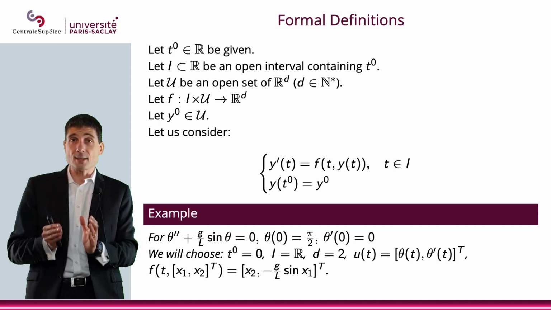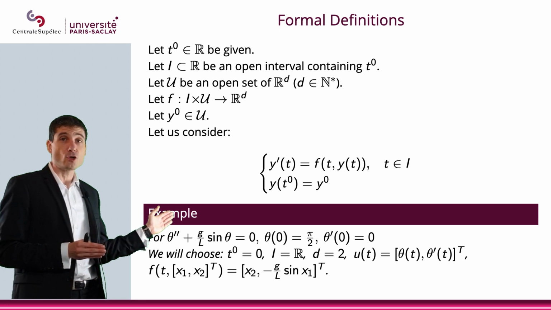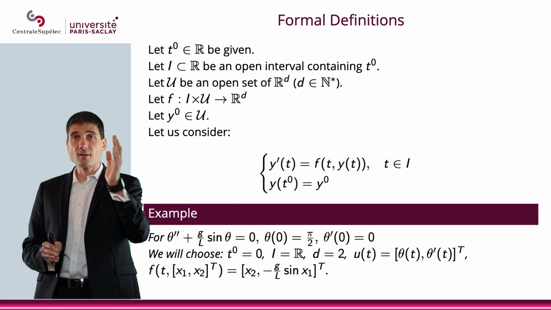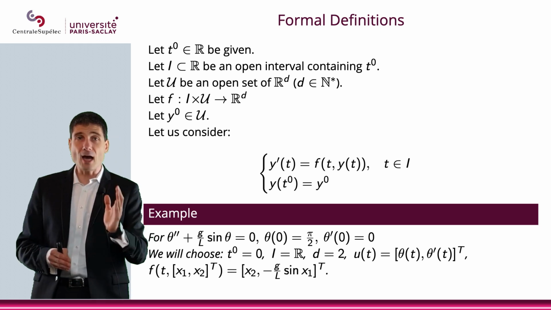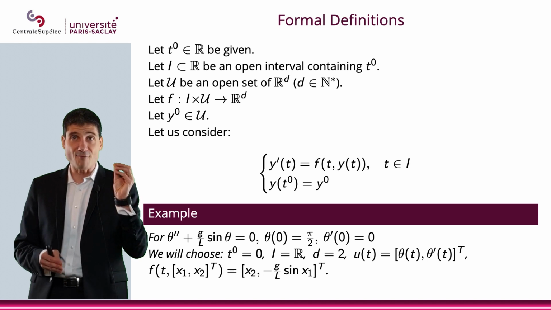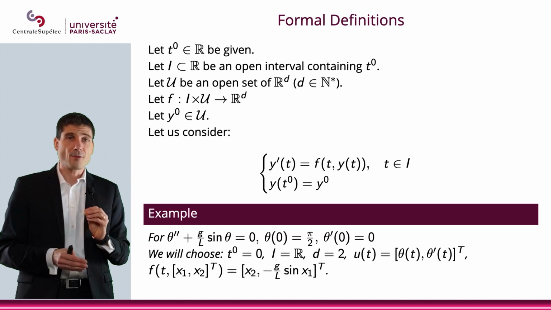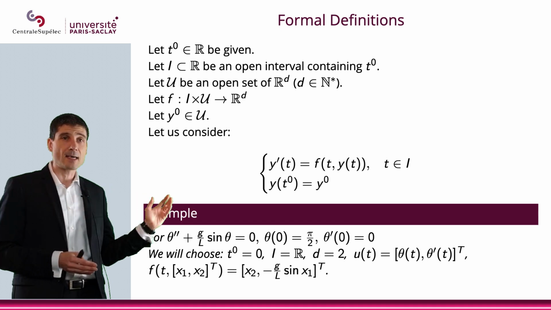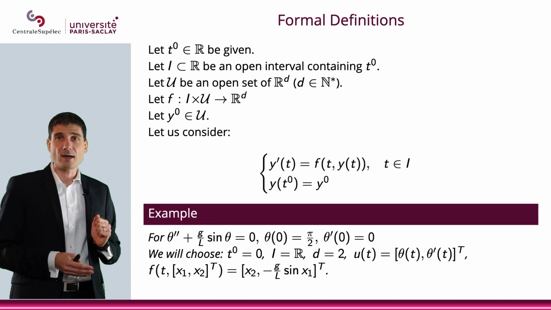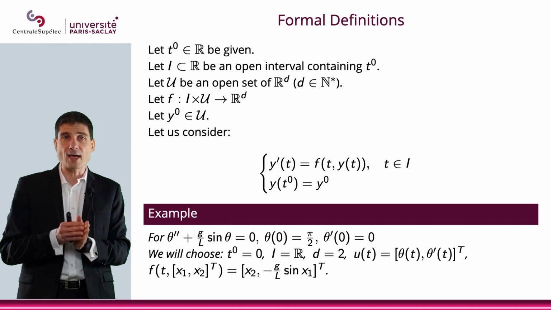Well, I can do this by using a function u that will be the vector theta of t, theta prime of t, and that will be my vector u of t. If I choose this vector u, then I can write my second order equation as a first order equation. And here's the way I do it.